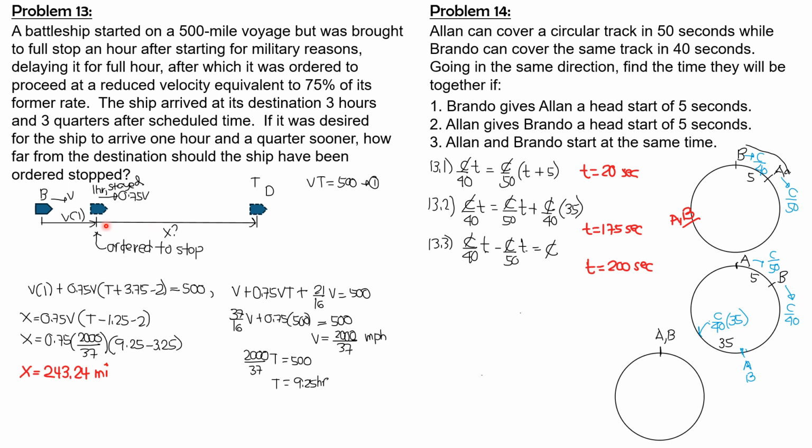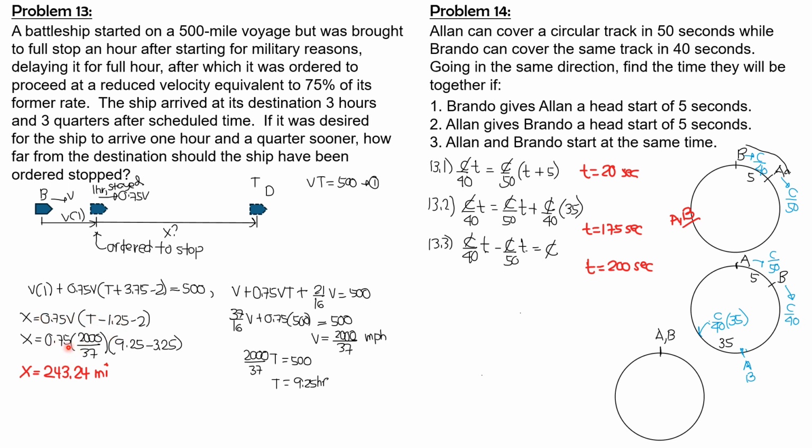Then solving for x, for this situation here, if it was desired for the ship to arrive 1 hour and a quarter sooner, meaning to say the travel time should be 9.25, then minus 2 hours, same delay, then minus 1.25. That's the expression for x.